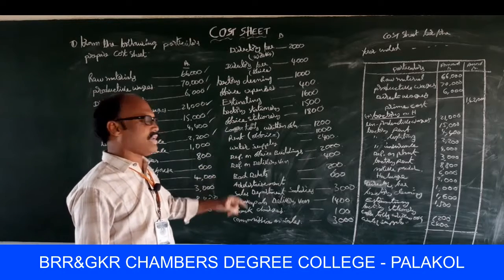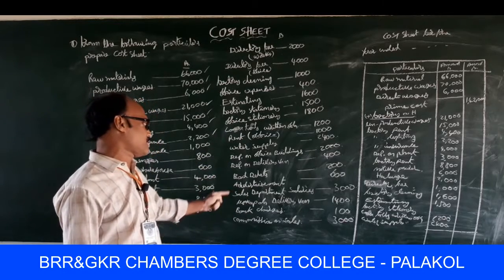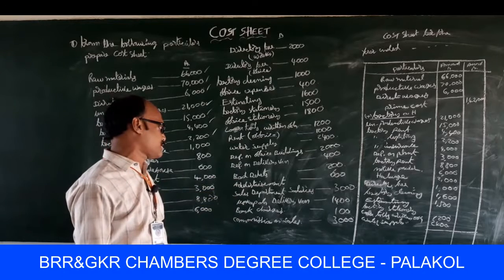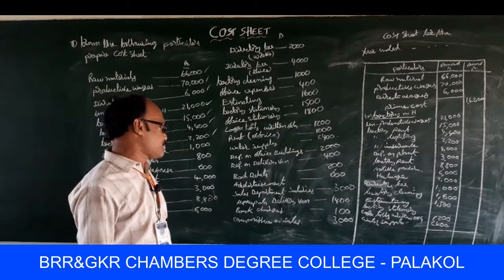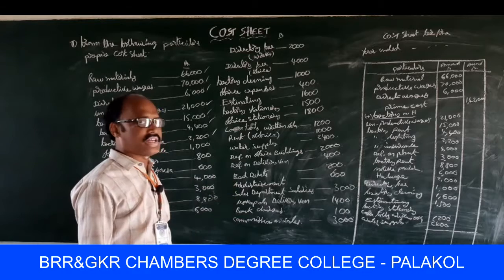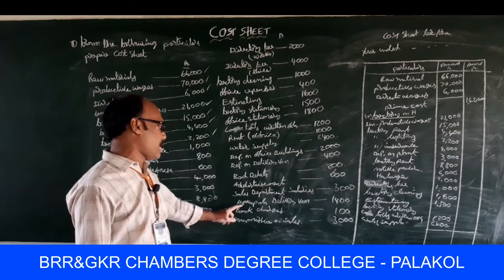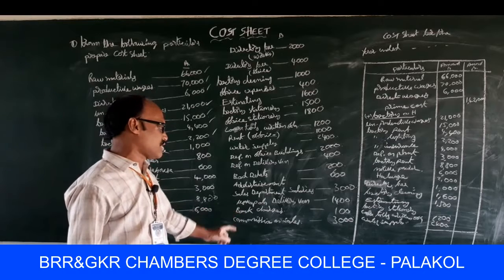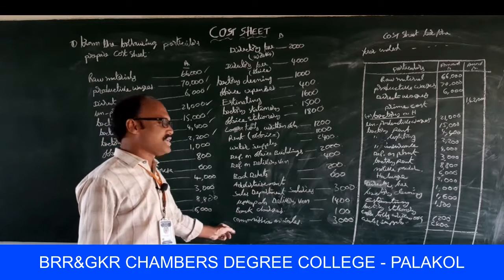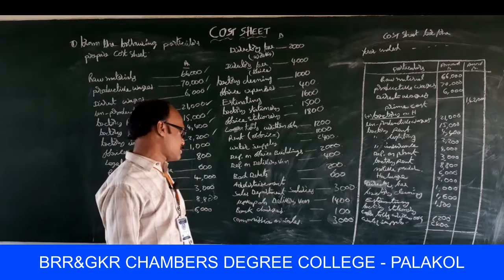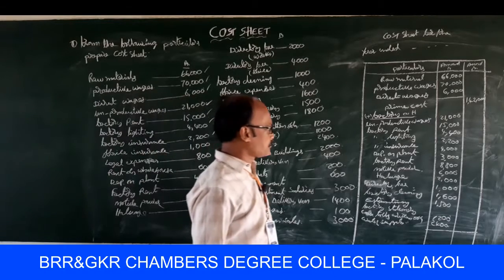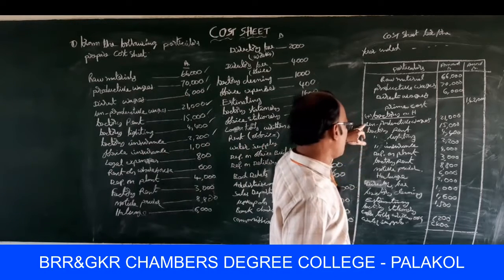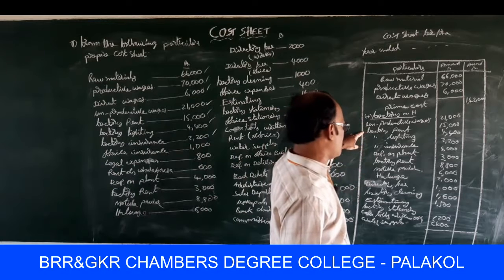Depreciation on delivery van, sales and distribution expenses. Bad debts, sales and distribution expenses. Advertisement, sales and distribution expenses. Sales department salaries, sales and distribution expenses. Upkeep of delivery van, sales and distribution expenses. Bank charges, office expenses. Commission on sales, sales and distribution expenses.